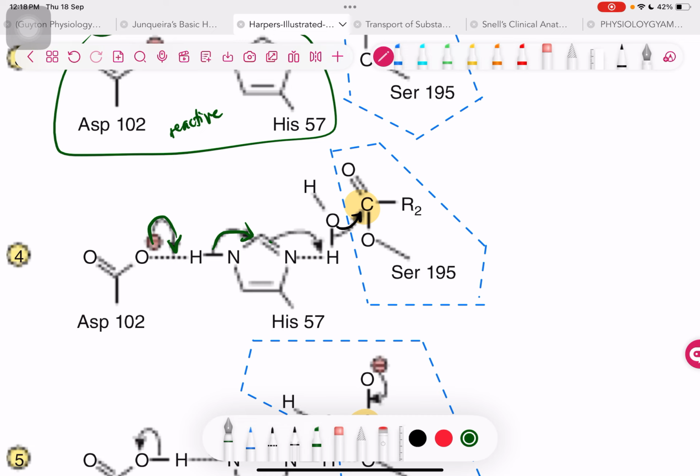So the water is a polar substance. We have partially negative oxygen and partially positive H's.